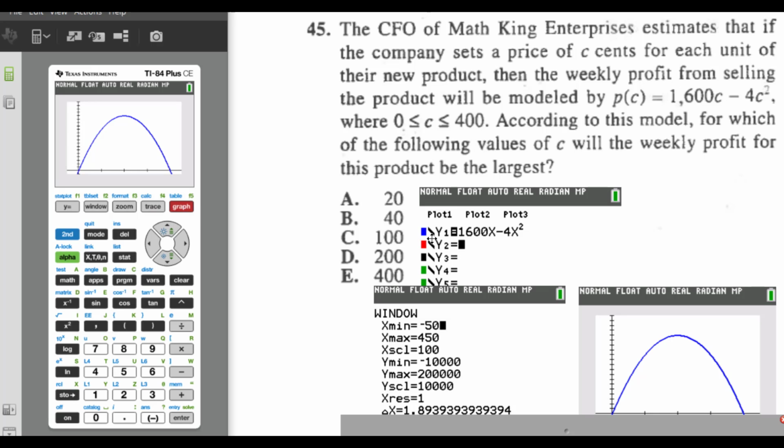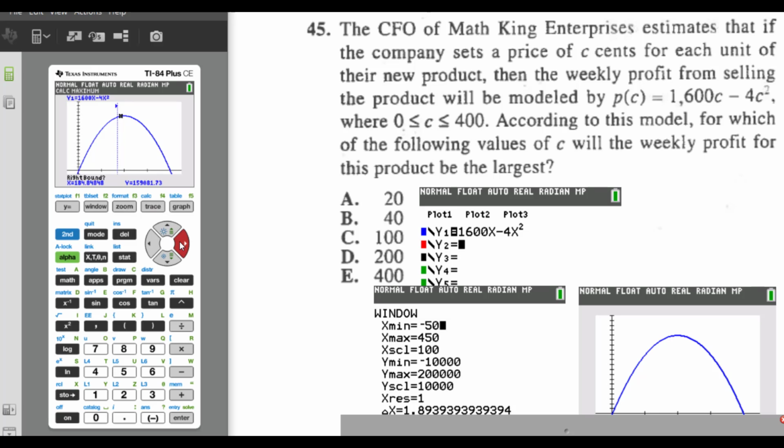And then I need to find the maximum value. So that would be under second trace, the calculate menu. And number 4 is maximum. Now it wants a left bound and a right bound. It looks like it's about right there anyway, but I'll go to the left a little bit of where I think the maximum is, press enter.